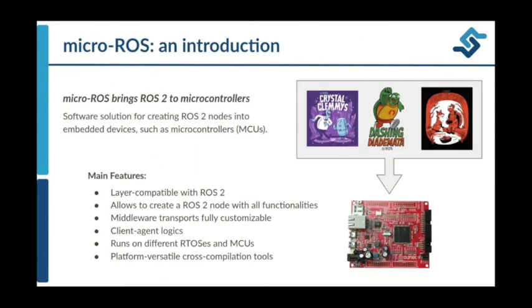So let's discuss this a little bit in detail. Micro-ROS, in a nutshell, basically puts ROS2 onto microcontrollers. Indeed, traditionally, ROS in general has stopped at the microcontroller boundary, even though robots, as we have seen, contain many of them. And usually they have been integrated through serial protocols.